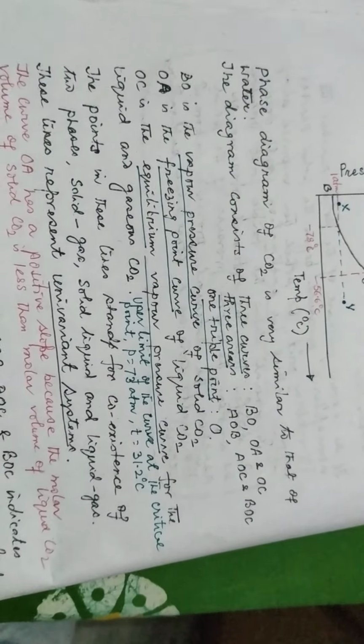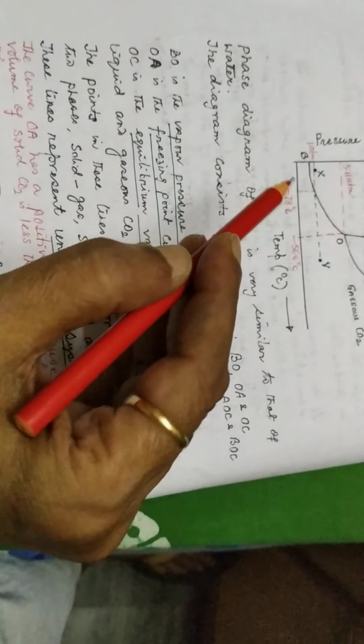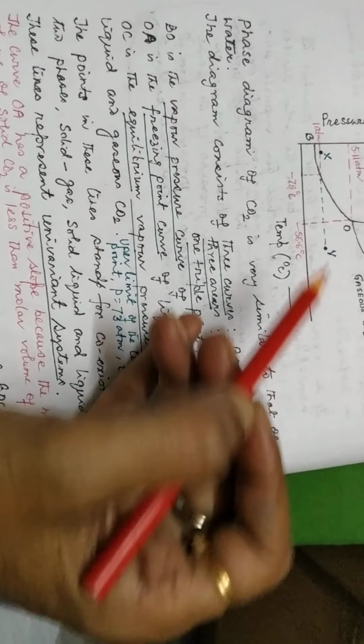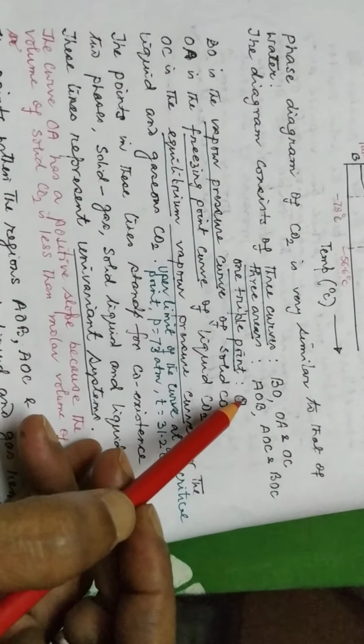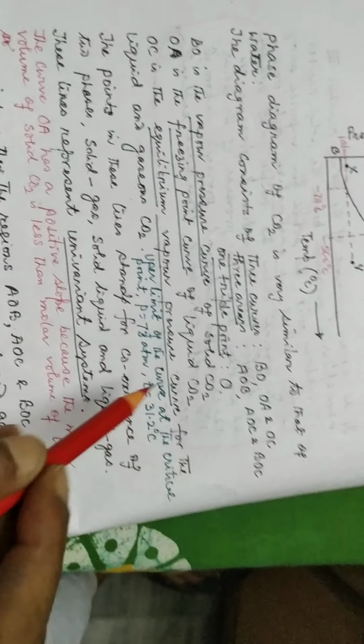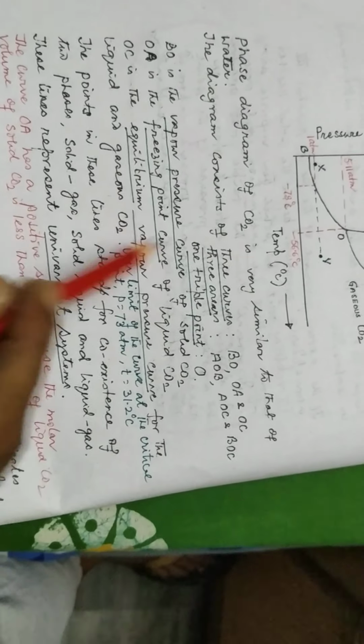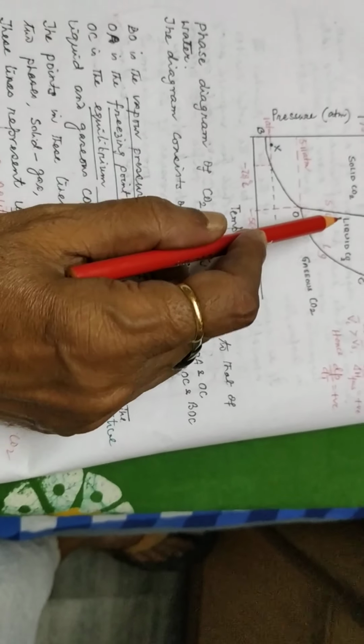Now, the points on these lines, whether OA, BO or OC, stand for coexistence of two phases.